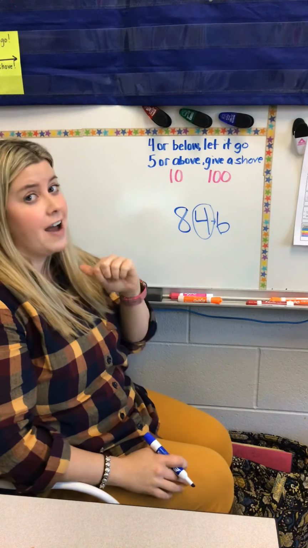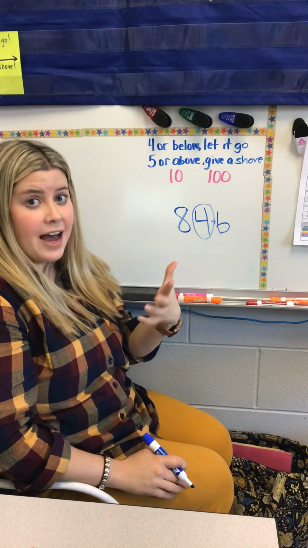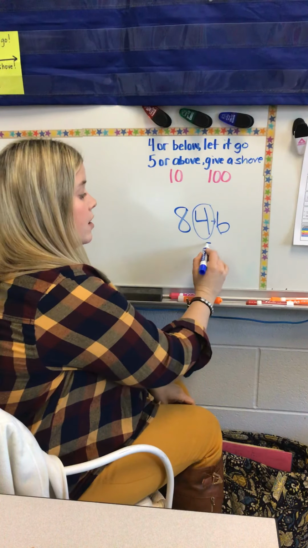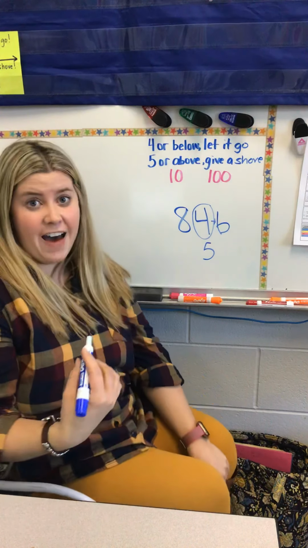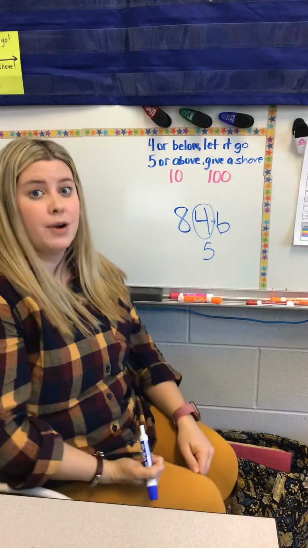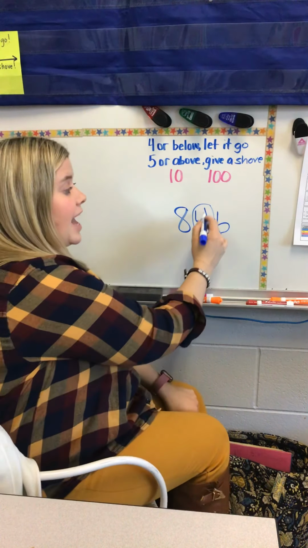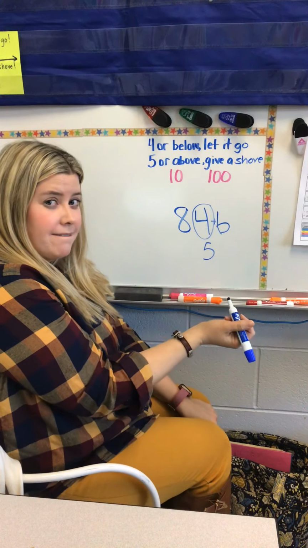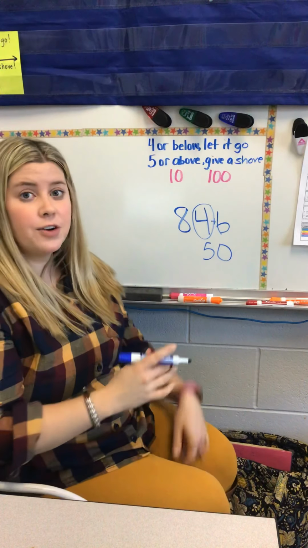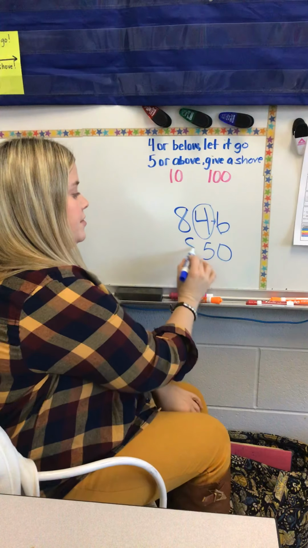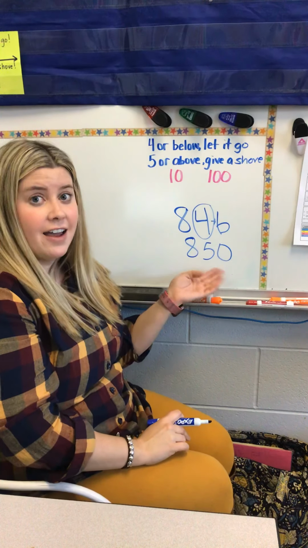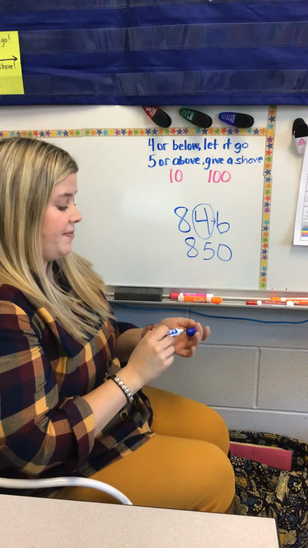Oh, 5 or above. 6 is above that, so I'm going to give this 4 a shove. My 4 is going to be shoved and turned into a 5, okay? When I say give it a shove, that means we're just moving it up 1 number. Anything after my circle becomes a what? A 0. And anything before my circle doesn't change. So 846 rounded to the nearest 10 is 850.